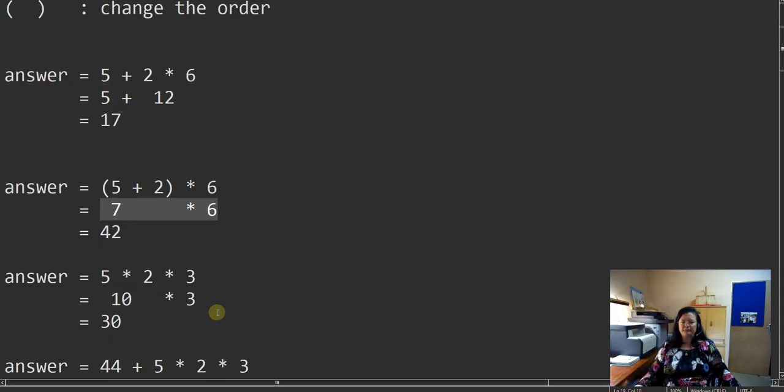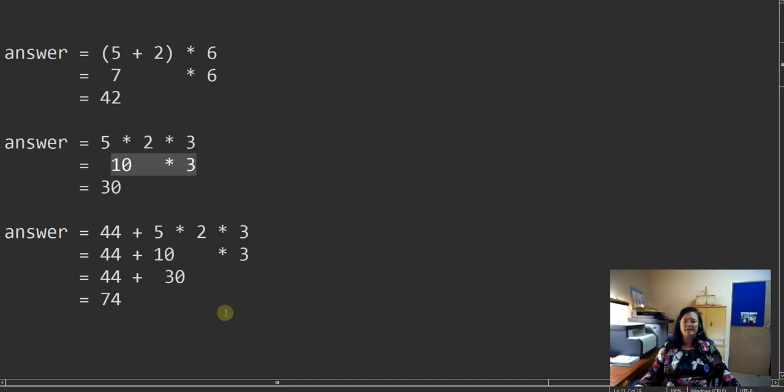If I've got something like this, 5 times 2 times 3, then the 5 and the 2 would be executed first, I get 10, and then the result of that, 10, would be multiplied by 3, and my answer would be 30.